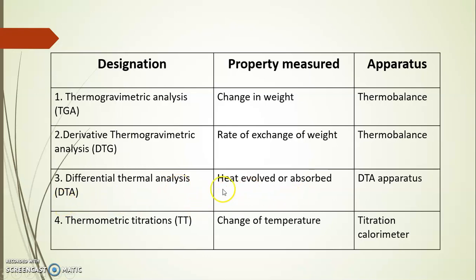Here we measure the heat evolved or absorbed by the material, and for this method we require DTA apparatus. The next method is thermometric titration. In this method, we determine the change of temperature, and for this purpose we require a titration calorimeter. So this table involves the types of method, which property we measure using different methods, and which apparatus we use.